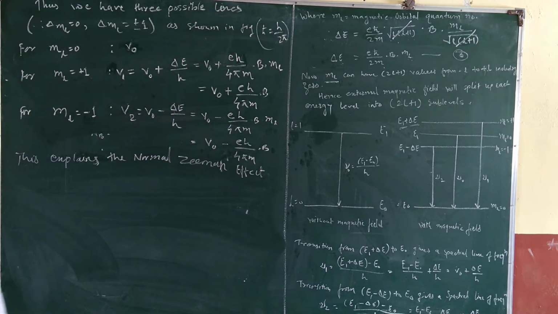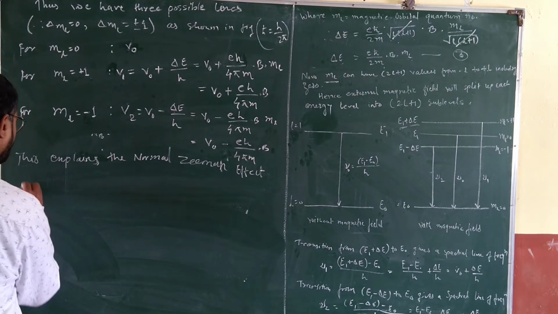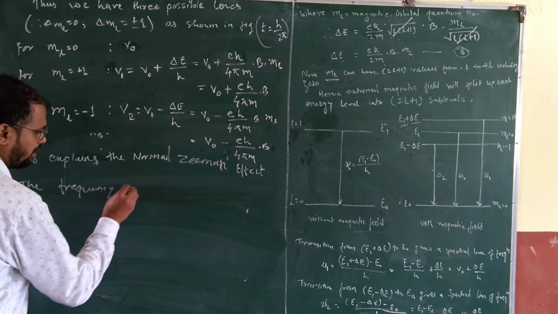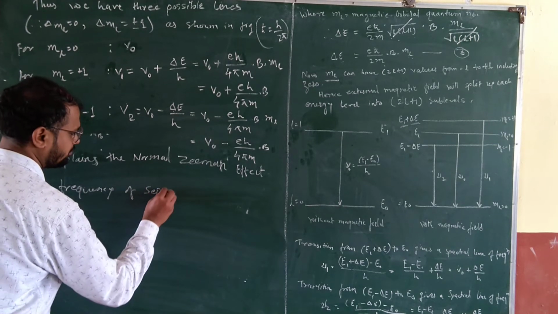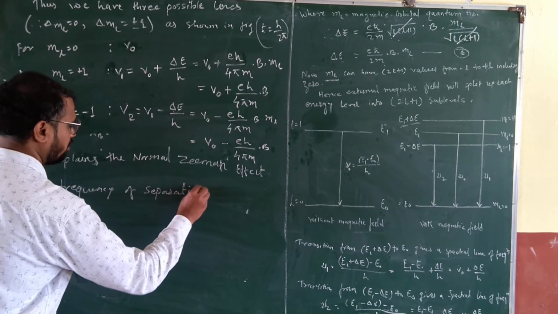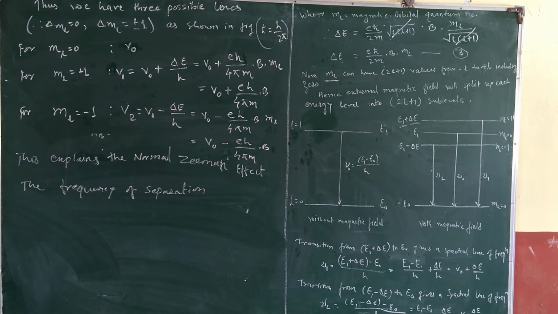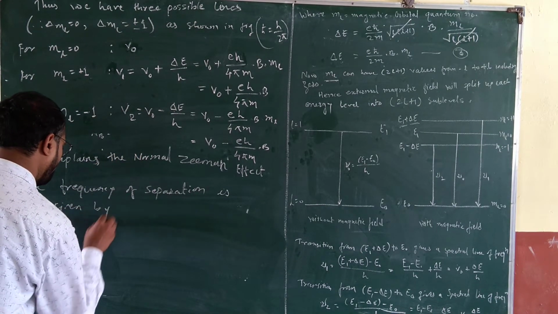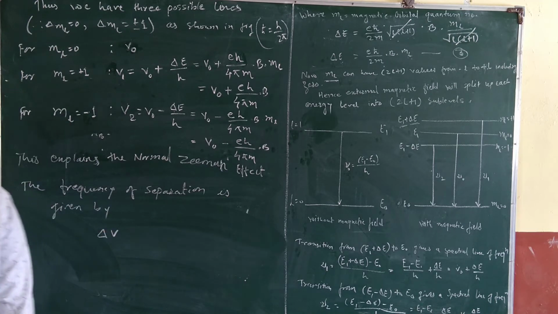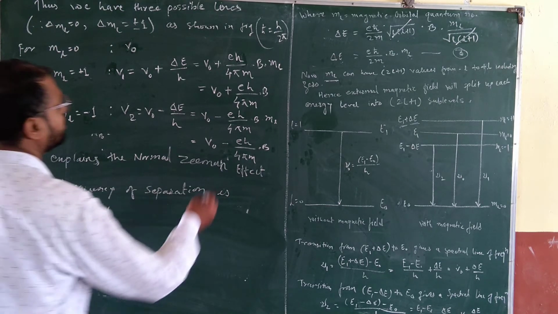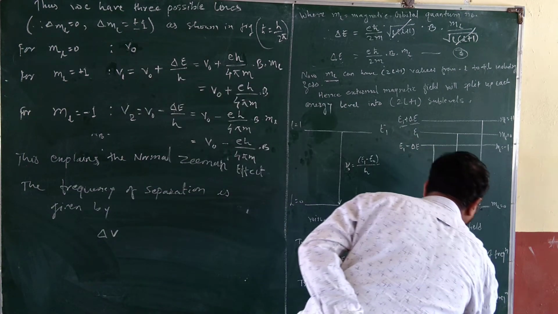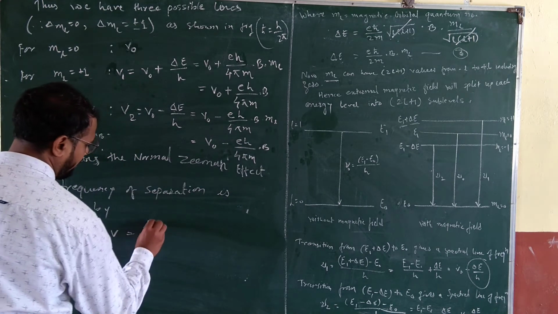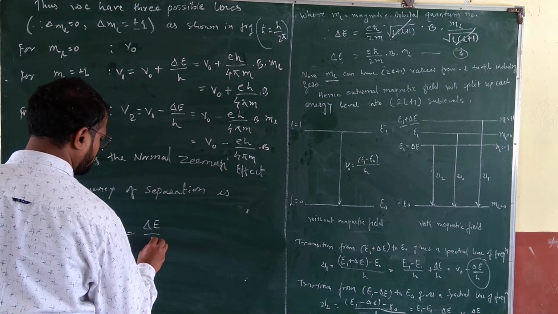The frequency of separation is given by del v, small v, is equal to what? The separation, okay. del v is equal to del E upon h.